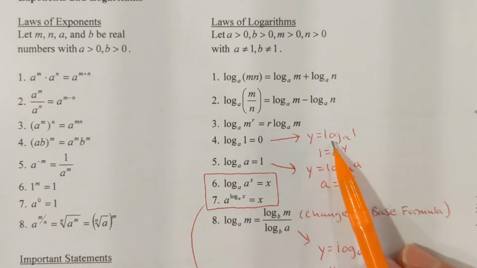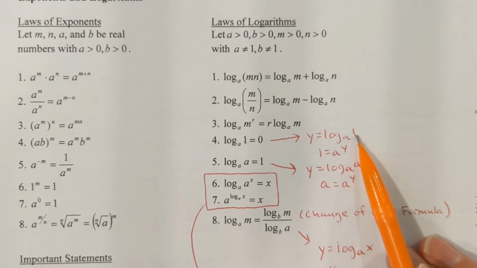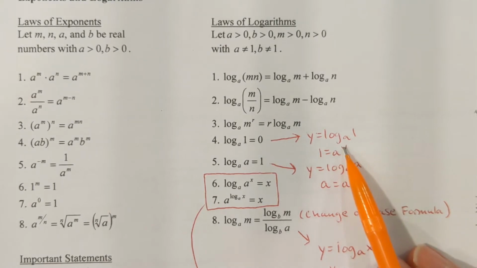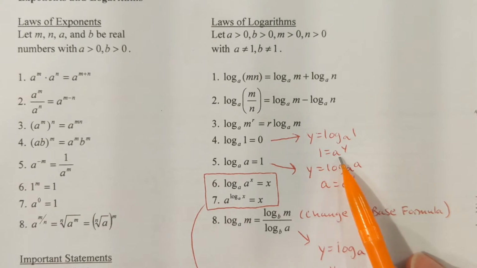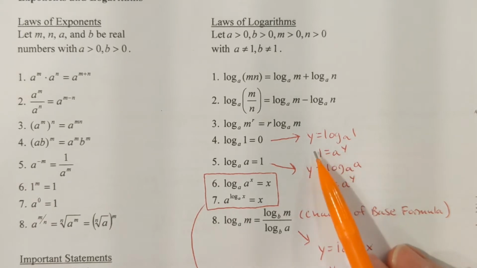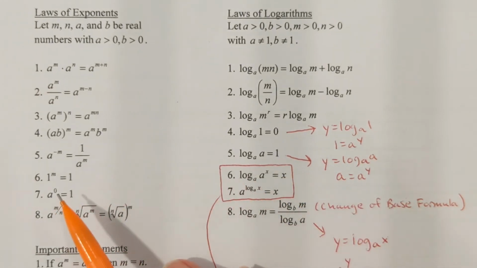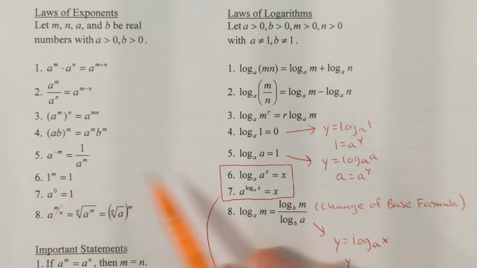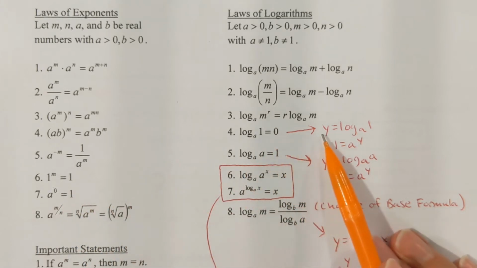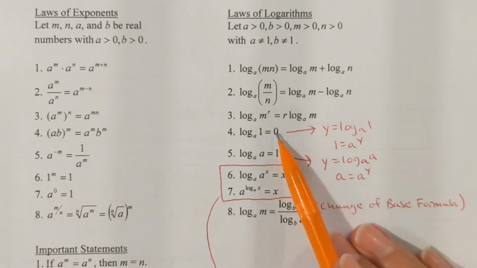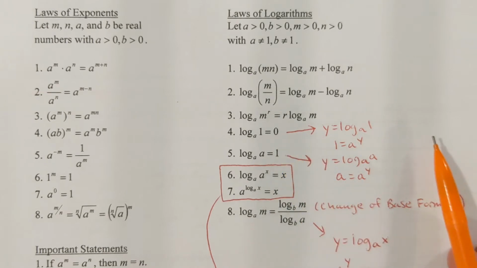If I let y be equal to log base a of 1 and then apply the definition to rewrite that into exponential form, I've got 1 equal a to the y. Well, the only possible value for y to make this statement be true is that y has to be 0, right? We know that anything to the 0 power is 1. Y is 0. Now y is representing this logarithm, so that's where this 0 is coming from.